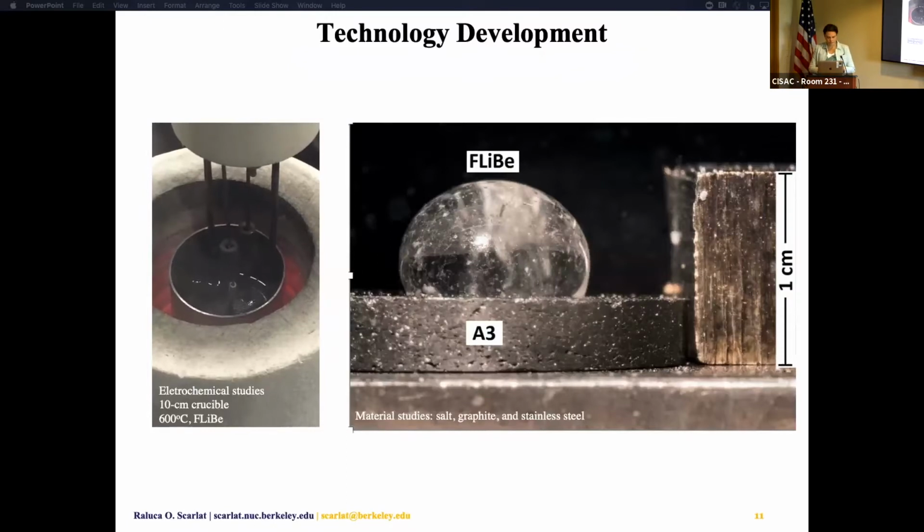Here are some pictures that are representative of two challenges. On the left side, you will see a pot of molten salt with electrochemical sensors inserted from the top. So sensors and equipment and components is one hurdle, which ties into the supply chain as well. It also ties into technological hurdles.